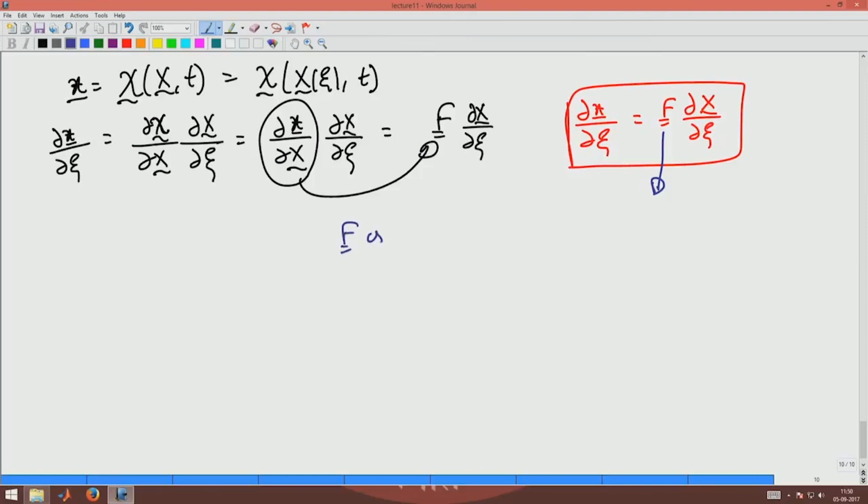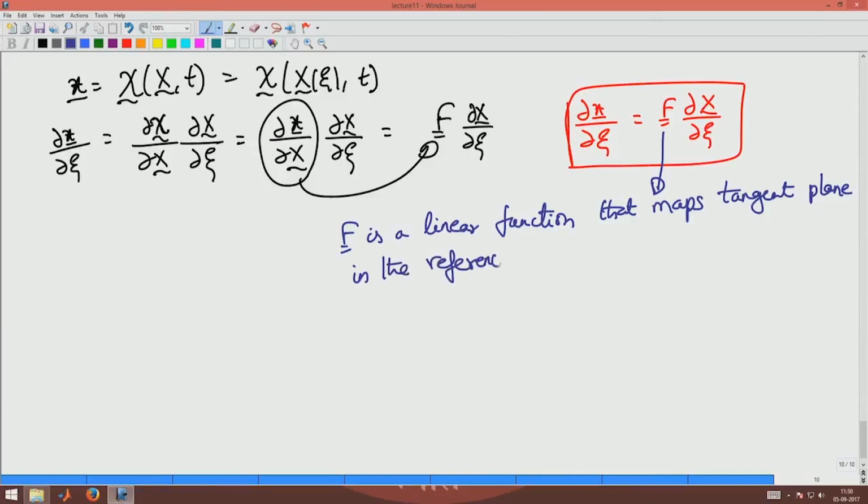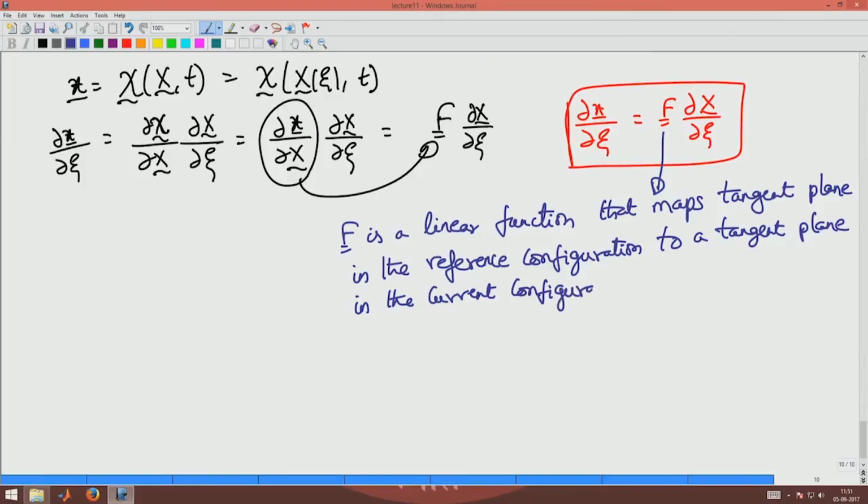F is a linear function that maps tangent plane in the reference configuration to a tangent plane in the current configuration for the same curve.